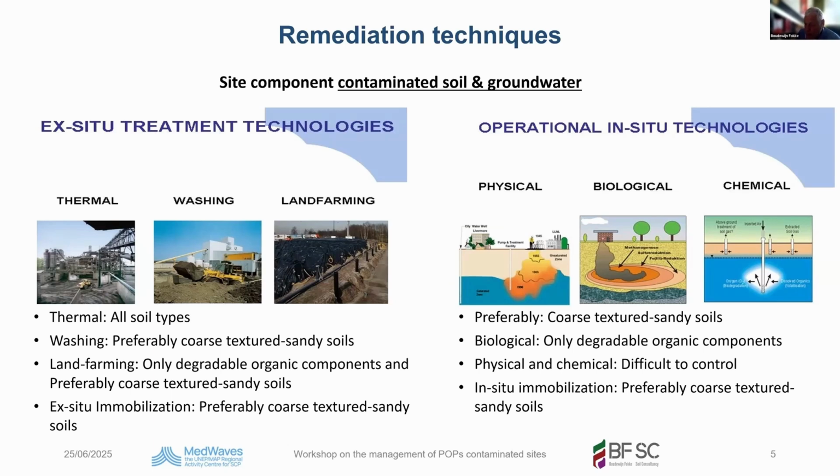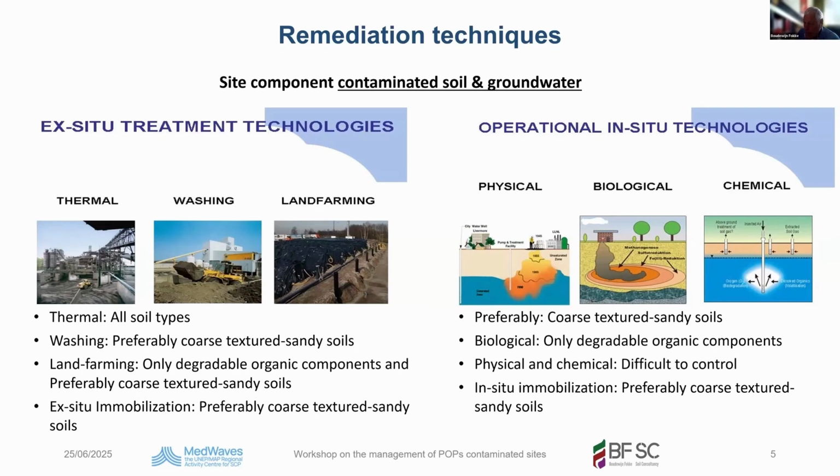Land farming, of course, can only be used if you have organic components. Organic components can be biologically degraded. Heavy metal contaminated soil cannot be treated by land farming. And land farming soil preferably should be coarse textured soil. That's easy to manage. Heavy textured soil is very difficult to clean with land farming.